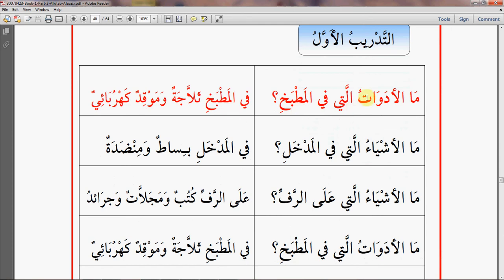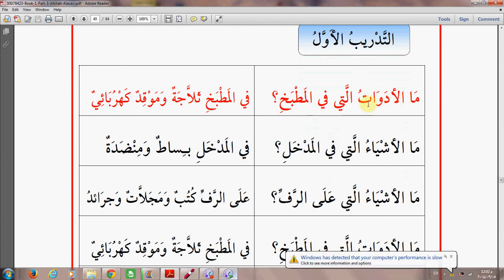الأدوات is feminine. Could you see the Ta at the end here? Even if it's not Ta Marbuta, it's still Ta. So الأدوات in general, all plural things or animals are always treated like feminine.